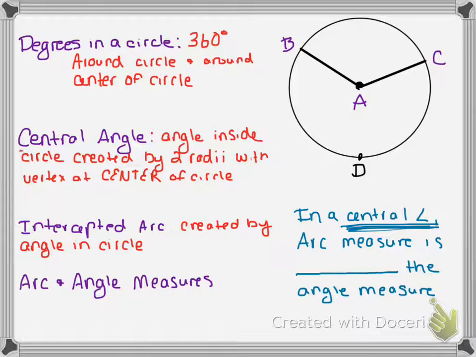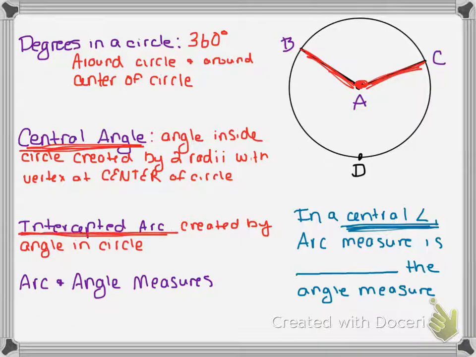Now, a central angle is another term that you defined. A central angle is an angle inside the circle created by 2 radii with the vertex at the center of a circle. So here's your 2 radii with the vertex at the center of a circle. That is a central angle. All right, and that central angle has an intercepted arc.